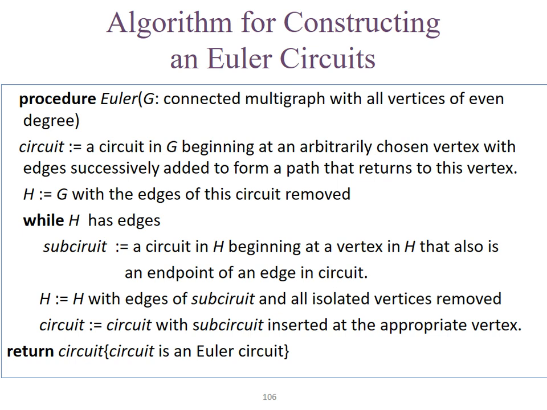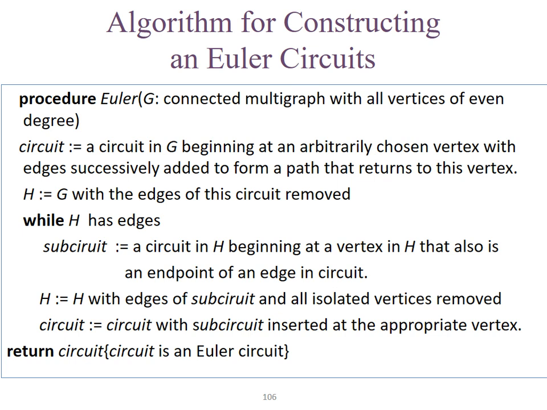Actually, it's just the definition of a circuit. Just find a small-scale circuit, and then G with the edges of this circuit removed generates a new graph H, because we already found a small-scale Euler circuit and then remove it from the graph G.